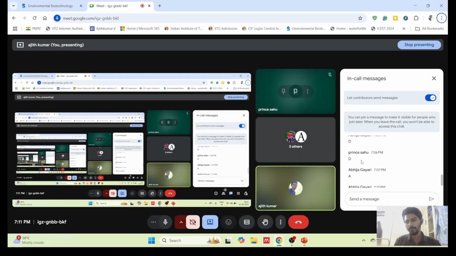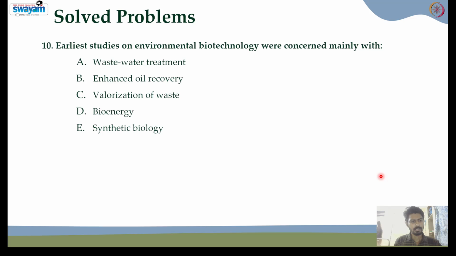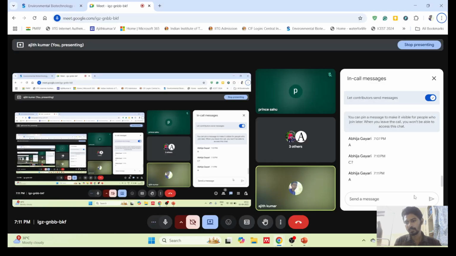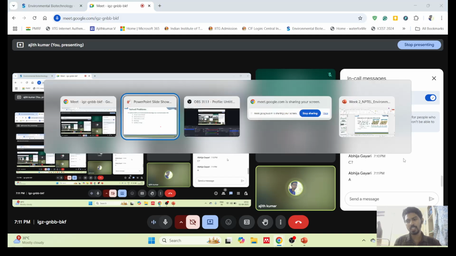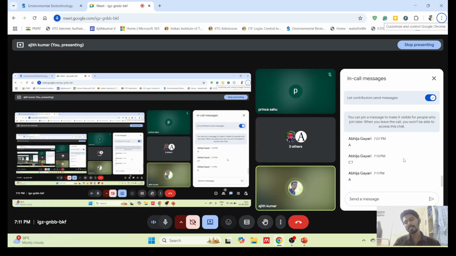Any answer? Among these, which has been focused on the earlier stages of environmental biotechnology? Option A, option C. Okay, any other answer?